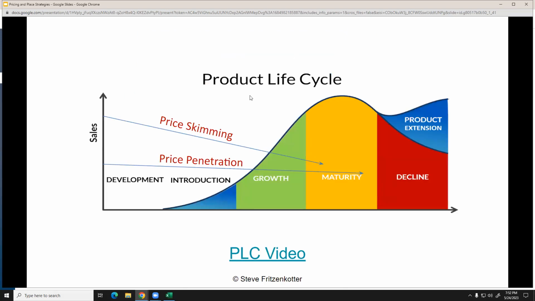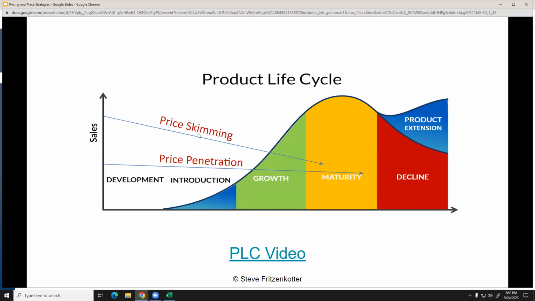To show you the relation of price skimming and price penetration as we go through the life cycle, price skimming starts at a high price point with the intention and the knowledge that that price is going to decline relatively quickly through its limited life cycle. Price penetration is a longer life cycle and will have a flatter curve, flatter slope.